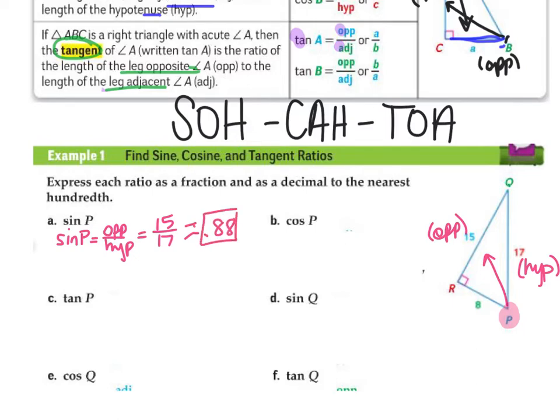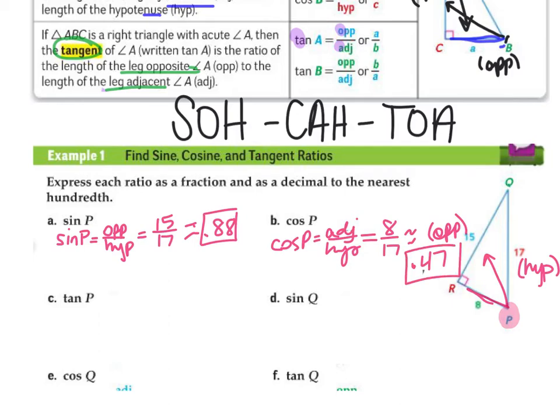Moving on to our cosine of P. Cosine is going to be the adjacent over hypotenuse, because remember, SOHCAHTOA, cosine is adjacent over hypotenuse. Plugging in those values, we have our adjacent value of 8 over our hypotenuse again, which was 17, and the decimal for that is approximately 0.47.